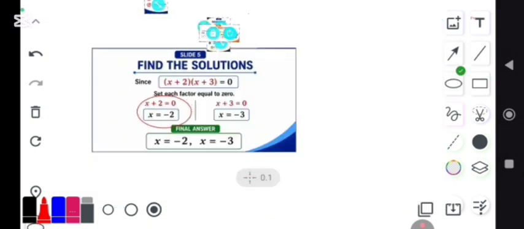Equate the first one to 0 and equate the second one to 0. When you do, you find that you have simple linear equations, and that will give you your final answer, where x is equal to -2 or -3. I repeat, x is equal to -2, -3.